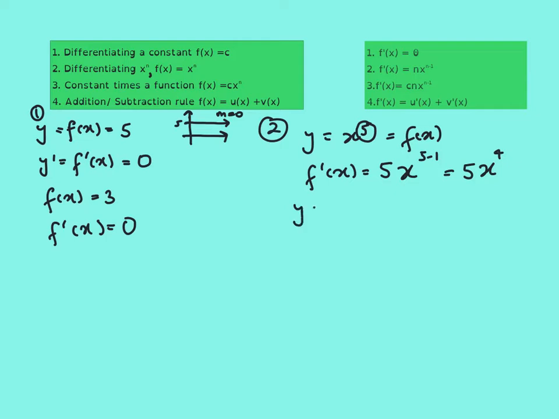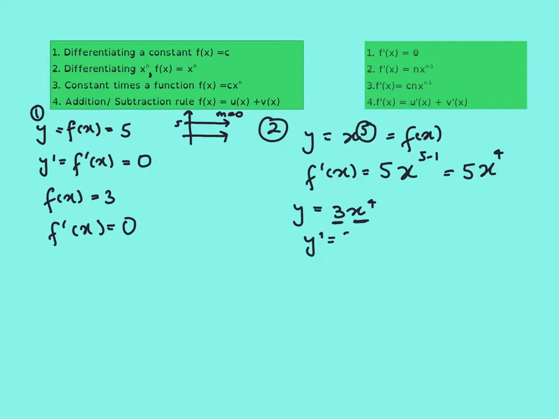Okay, next example, y is equal to 3x to the power of 4. So y dash is equal to, now this one is when we have a constant times a function. According to this rule, the constant is in front of the power.